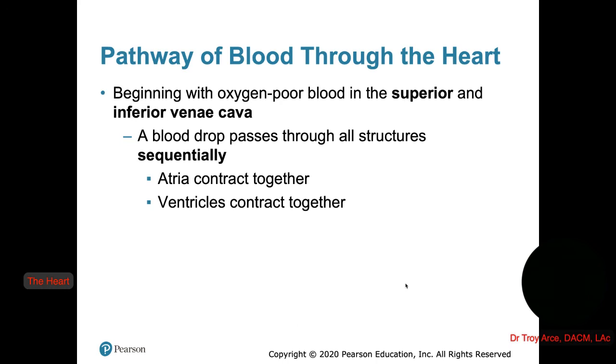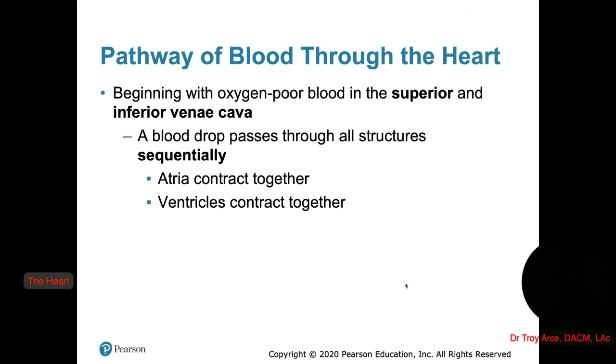So the pathway of the blood through the heart. The beginning is with oxygen poor blood in the superior and inferior vena cava. And where is that? That's the right side of the heart, your right atrium. The blood passes through all structures sequentially. So the atria contract together and the ventricles contract together.